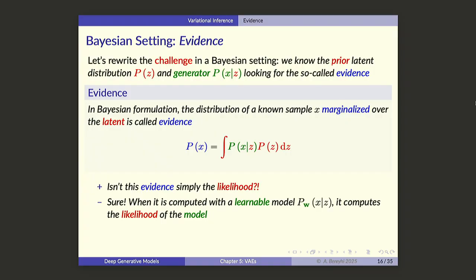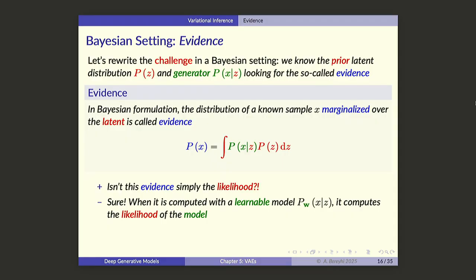But at the end of the day, we think of this P, the green P, to be one computational model, and then the blue P, the evidence, is also a computational model. And when we compute this evidence, this is going to be the likelihood of the model. Likelihood is not the likelihood of the data, but the likelihood of the model.